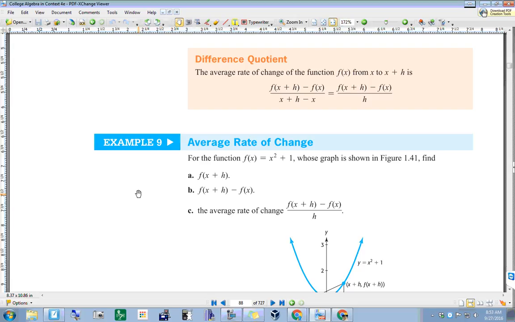Now this looks ugly. This is average rate of change. Now the reality is this really isn't all that much different than trying to find the slope given 2 points, y2 minus y1. f of whatever function, isn't that the output, as y?